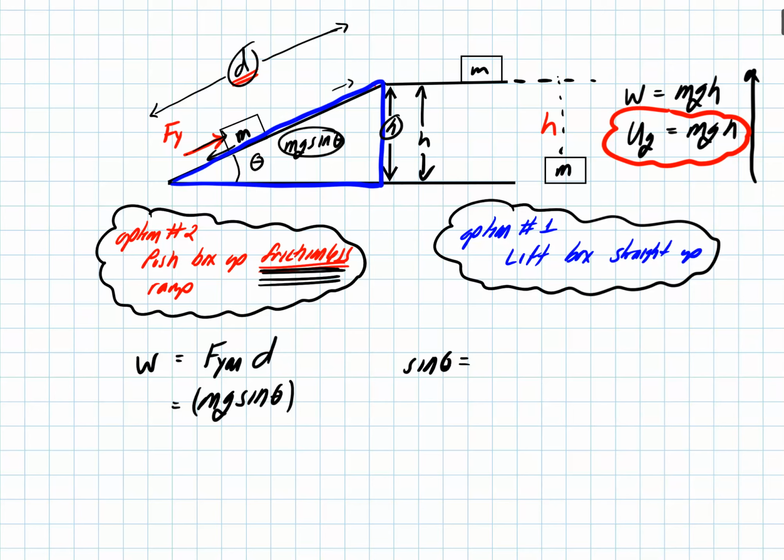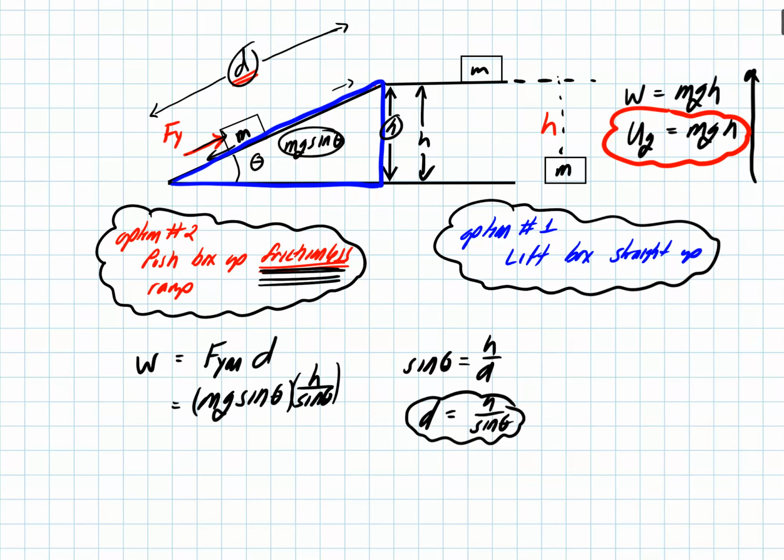So sine theta is going to be h over d, or d equals, swapping those around, h over sine theta. Are you seeing it? I hope so, because the distance of the ramp is going to be h over sine theta, and this should give you a nice warm fuzzy.